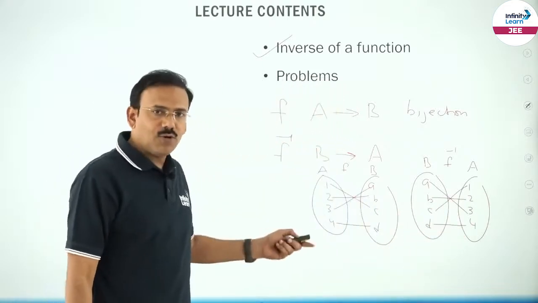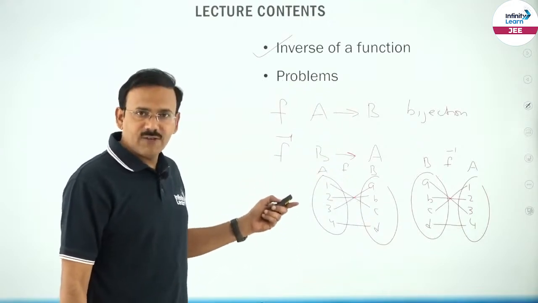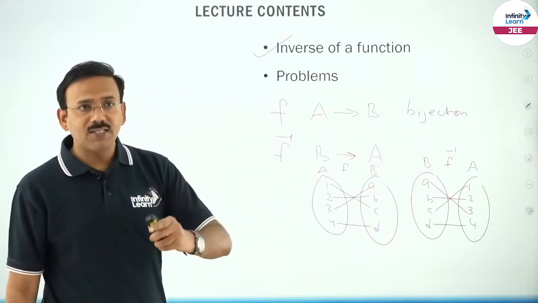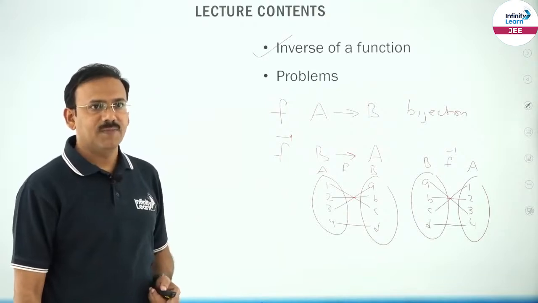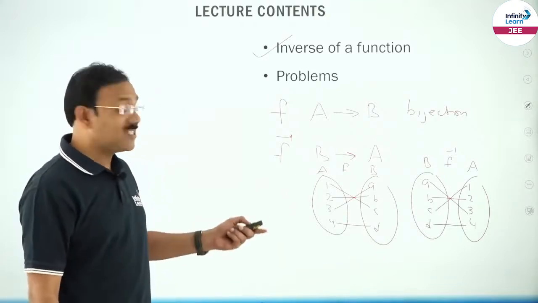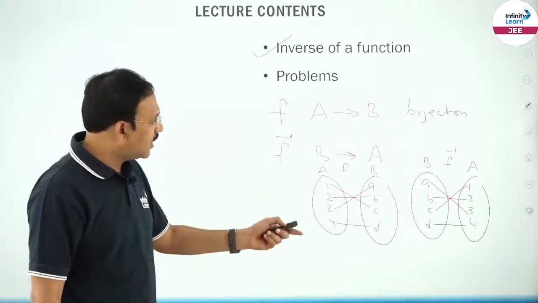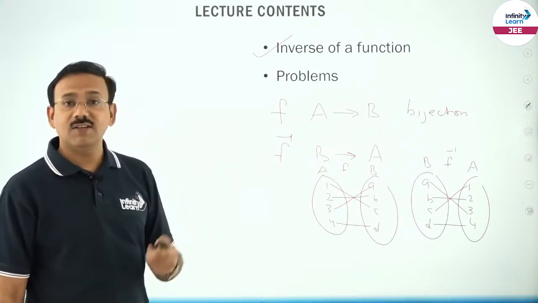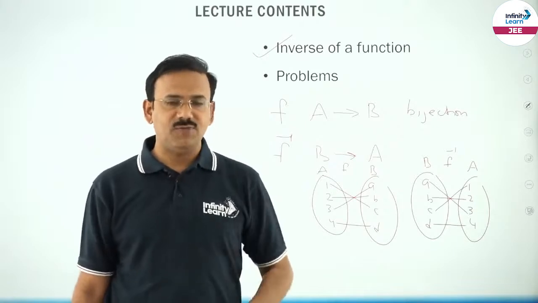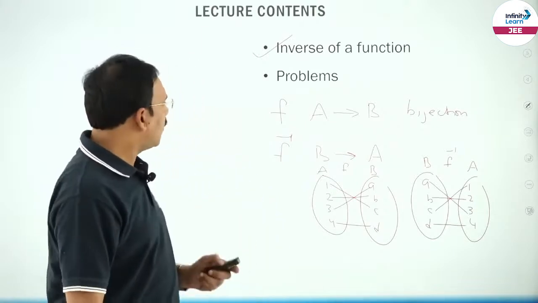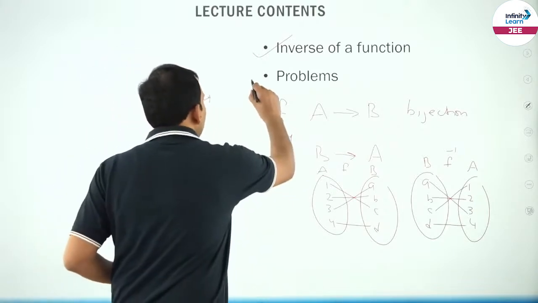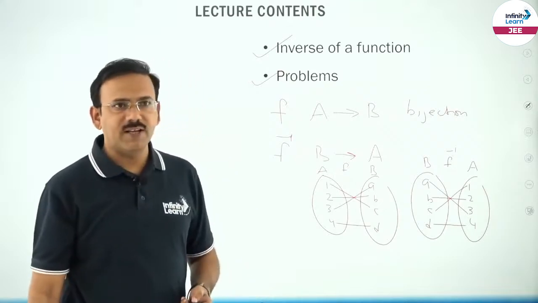You already know it. If a function f is given which is a bijection, its inverse relation is also a function, moreover it is a bijective function. Now, we are going to see problems related to this, my dear friends.